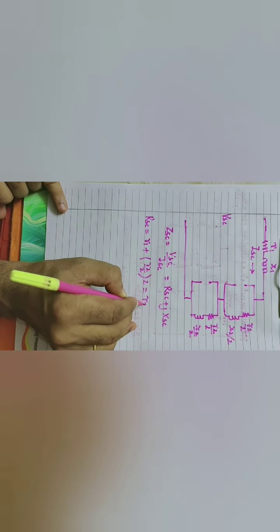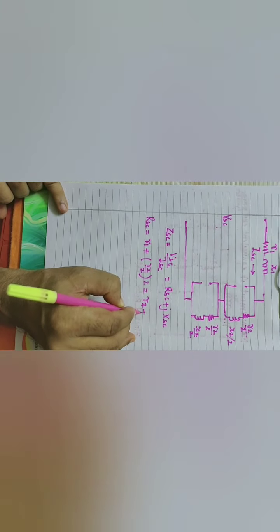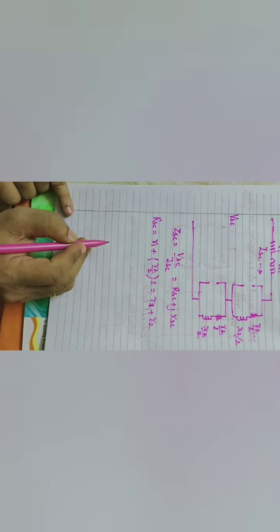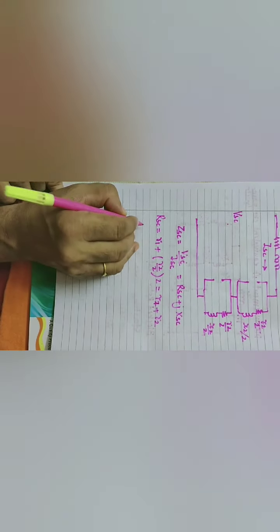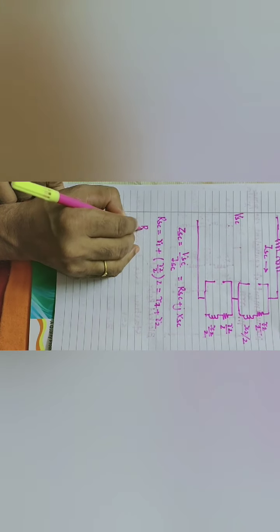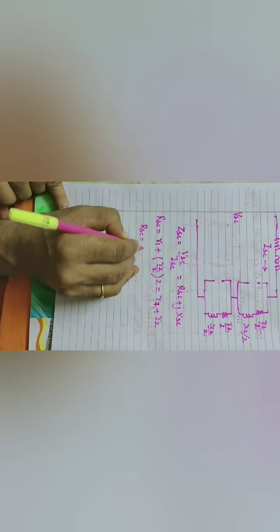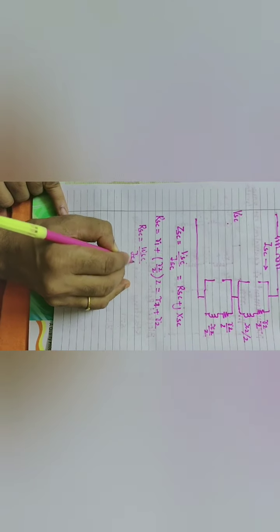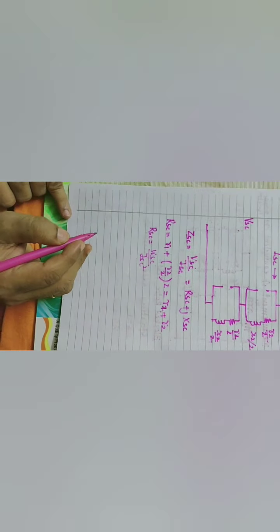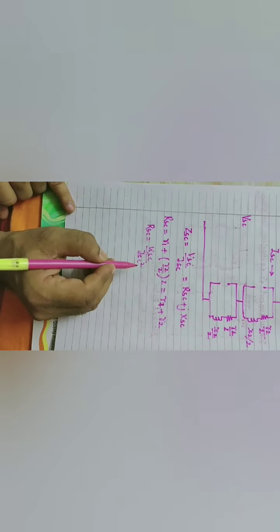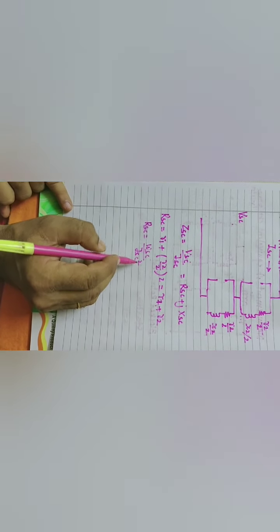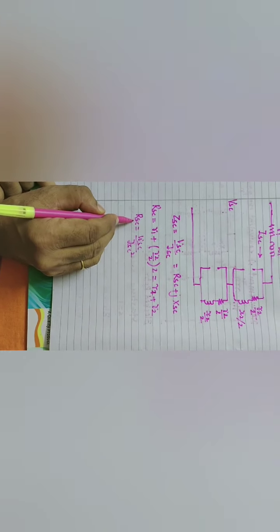So this is R1 plus R2. This is nothing but RSC. Also RSC is equal to WSC upon ISC square. Now WSC we have, ISC we have, calculate RSC.